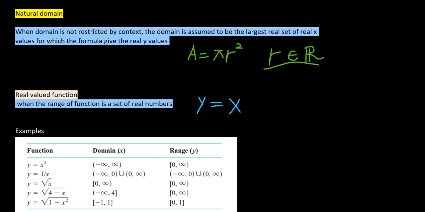That is called a real valued function, when the range is also the set of real numbers. Now we are going to describe examples of functions which have different domains and ranges. Suppose I am using the first, that is y is equal to x square.